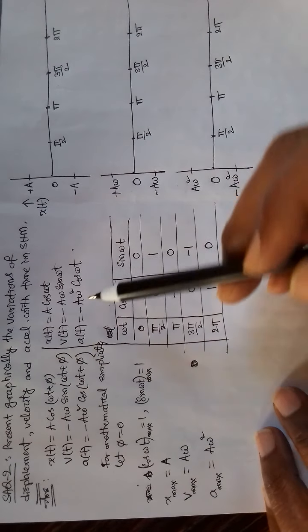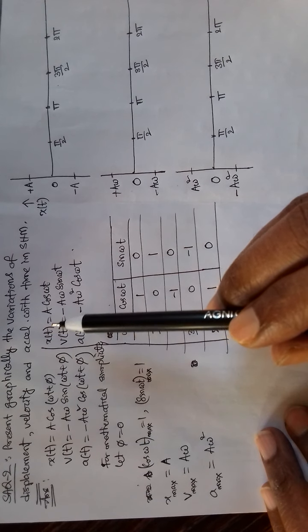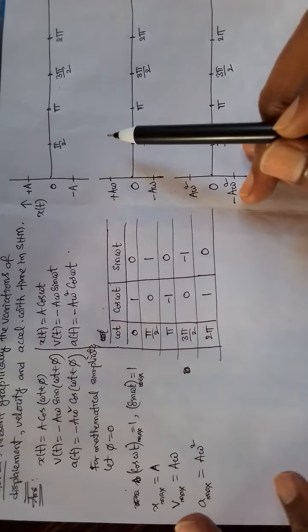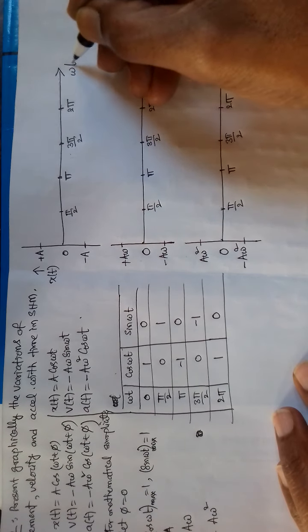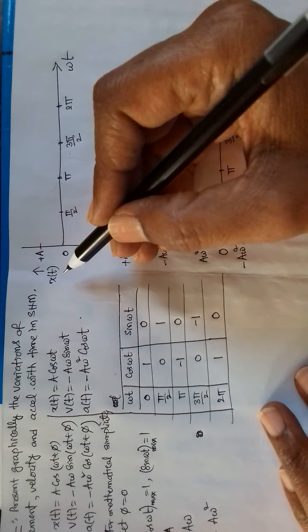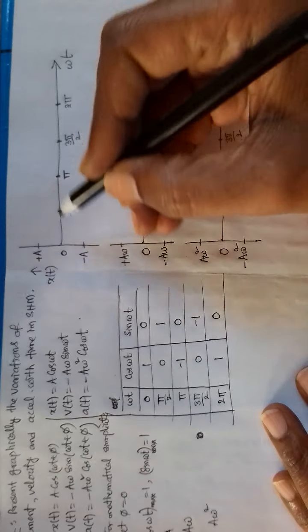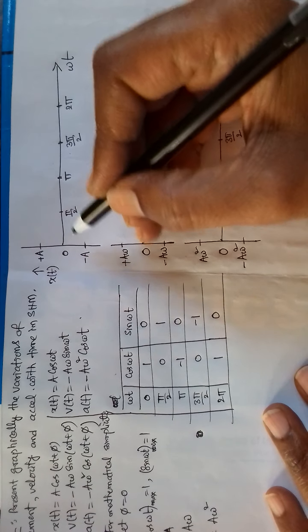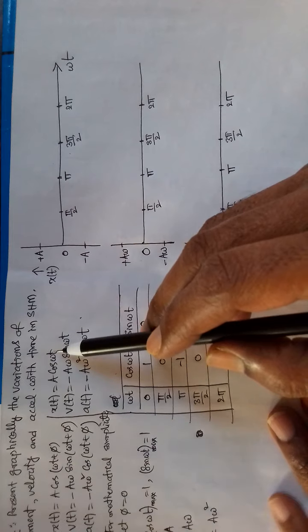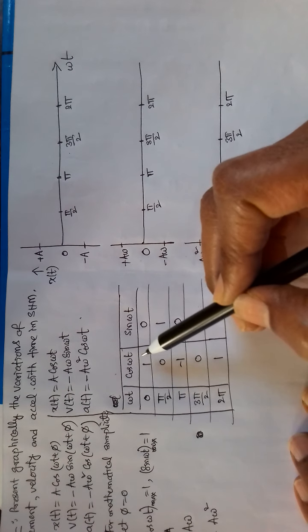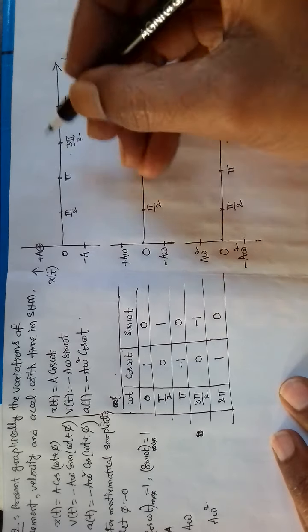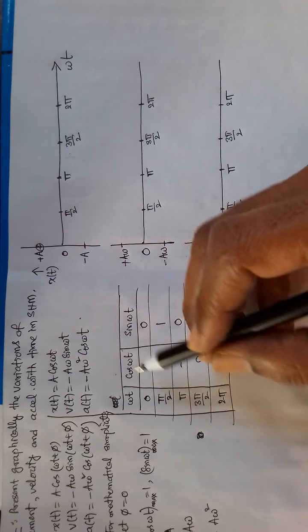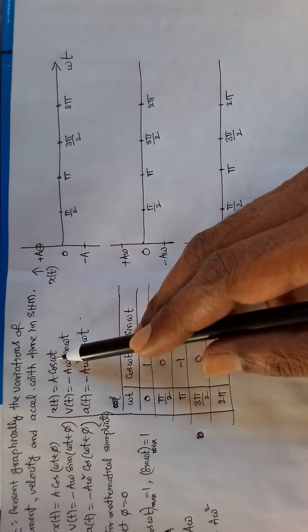Now let us draw the graph for displacement. Omega t is taken on the x-axis, x(t) is taken on the y-axis. When phase angle is 0, omega t is 0, cos 0 gives 1, therefore we get a. Now when omega t is equal to pi by 2, its cosine value is 0, 0 into something is 0.